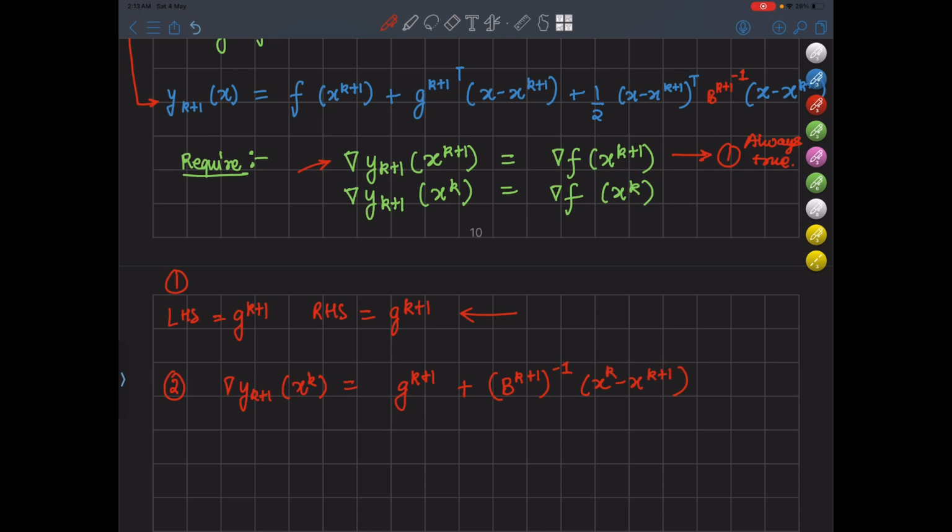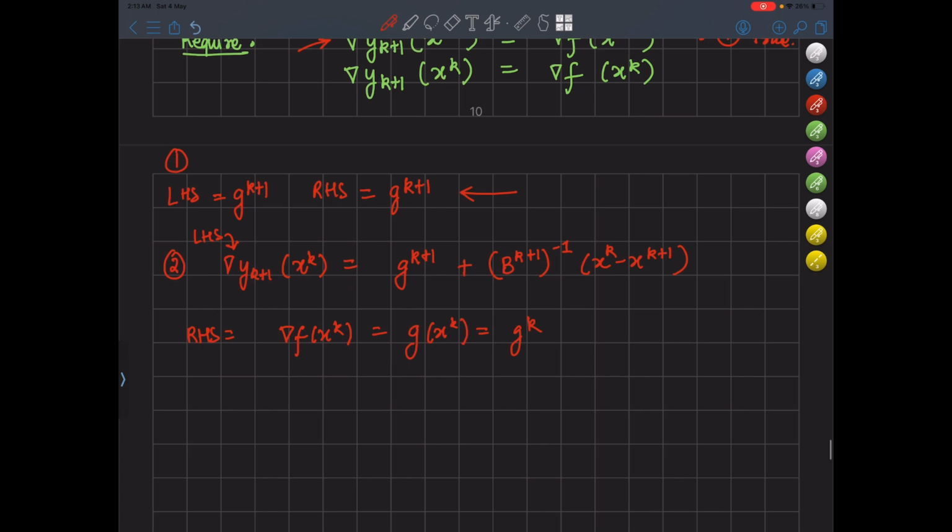This is the LHS. The RHS will be the gradient of f at xk, which is nothing but gk.